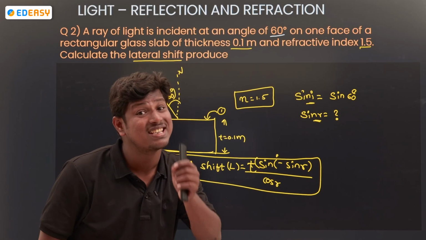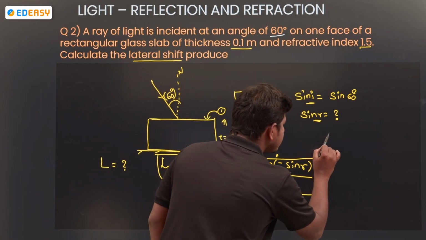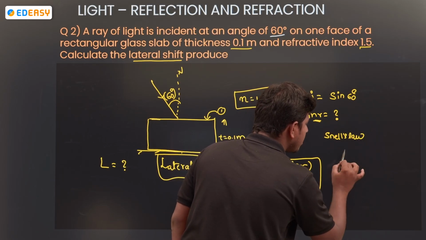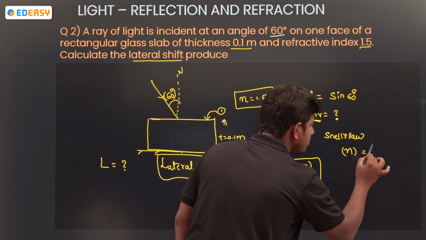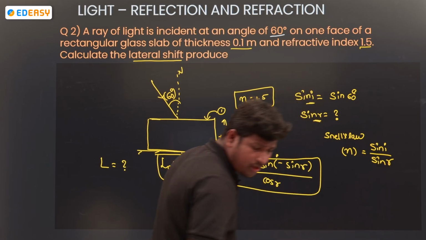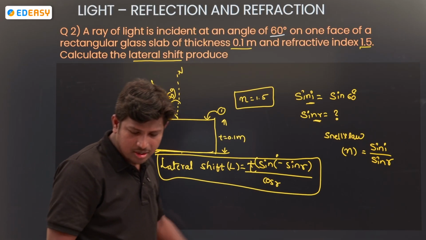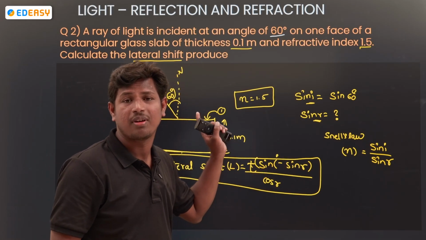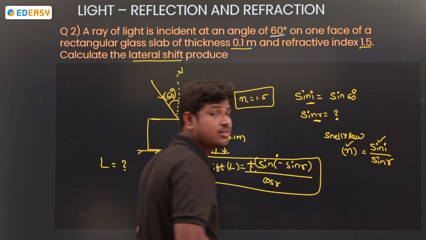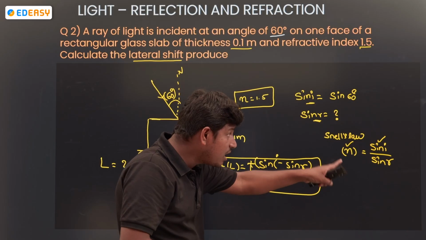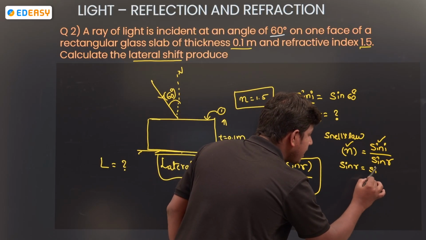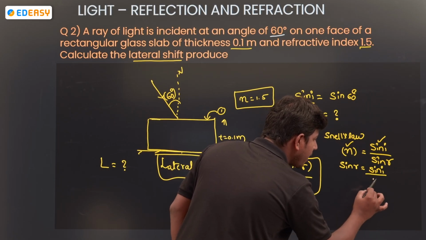What is Snell's law? The refractive index n is equal to sin I by sin R. This is the formula. We know sin I and the refractive index, but sin R we don't know. Then sin R is equal to sin I by refractive index.